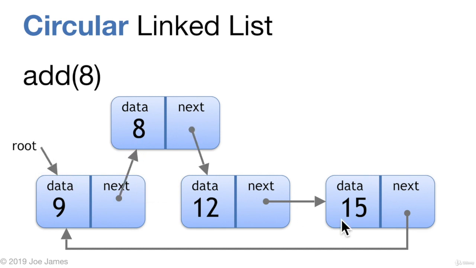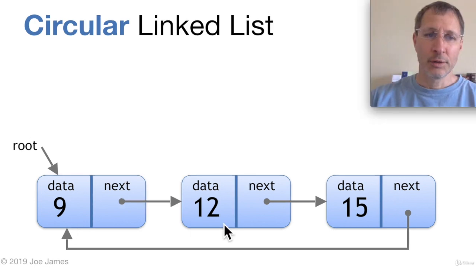We leave the root pointer and the last pointer, the loop back to the root, the same. And instead, we insert our new node as the root's next node, and then the next node for our new node is going to be what was previously the second node. So that's the add operation for a circular linked list. That's basically it. That's the only difference with a circular linked list.